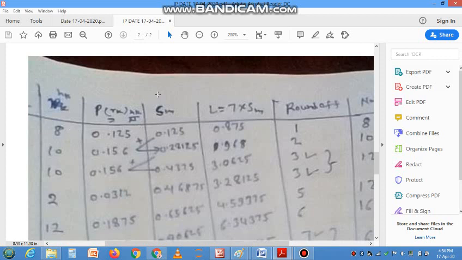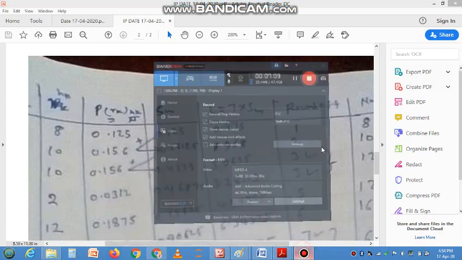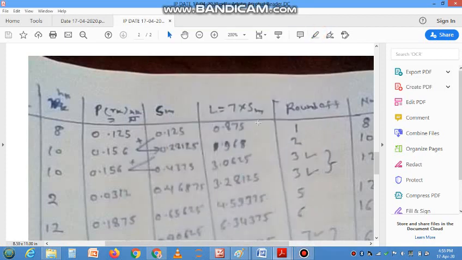Okay, now in the next column we compute the sum. How do we compute the sum? For gray label 0, we just write this value in the sum. Next, for gray label 1, we simply add the previous value to the probability value at that particular label.